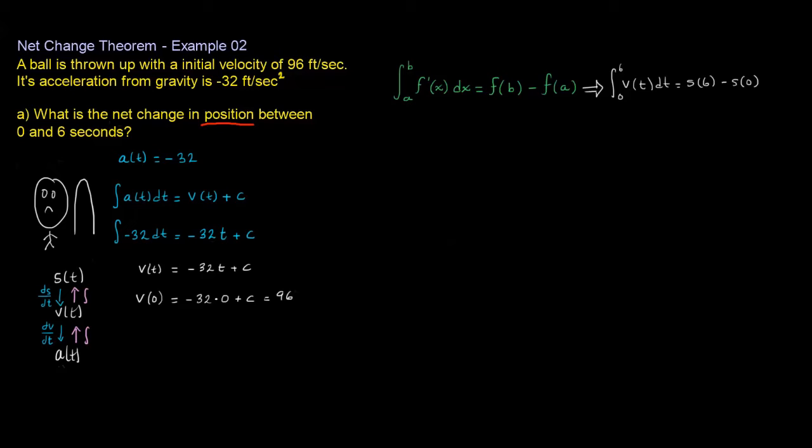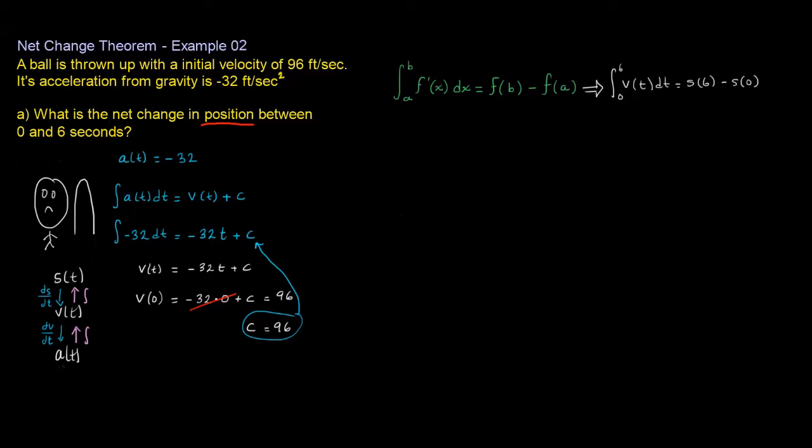So we can cancel out the first term, and we found that c is equal to 96 feet per second. With this, we actually have the full expression for velocity.